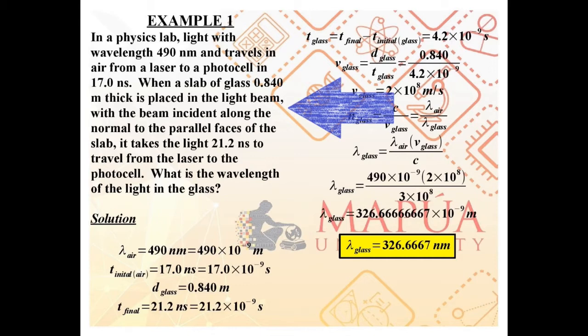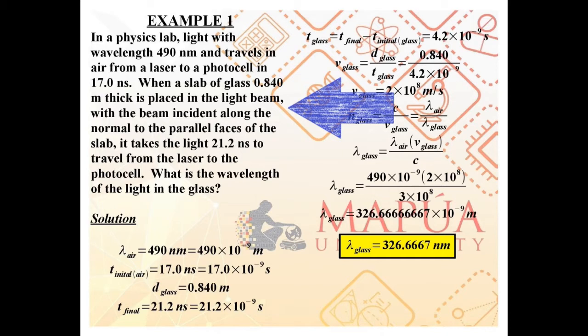Consider now the following problem. You have a beam of light. It has a wavelength of 490 nanometers and it travels in air from a laser to a photocell in 17 nanoseconds.